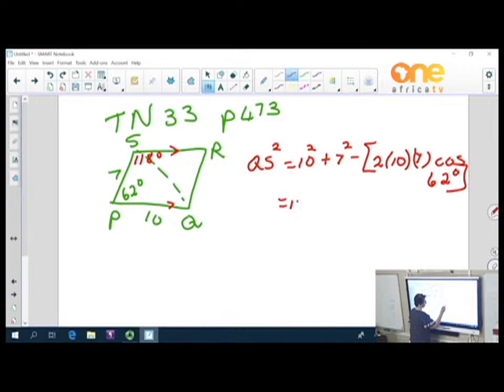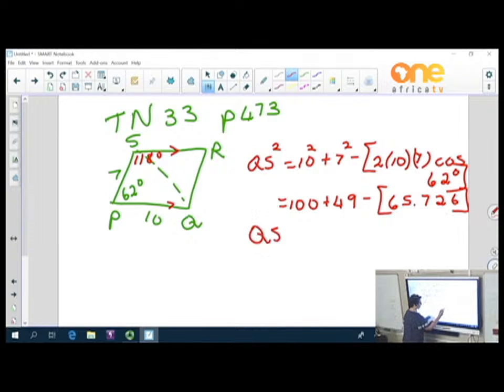So this is 100 plus 49, and now we have to get that value inside the brackets. 2 times 10 times 7 cosine 62 is equal to 65.726.